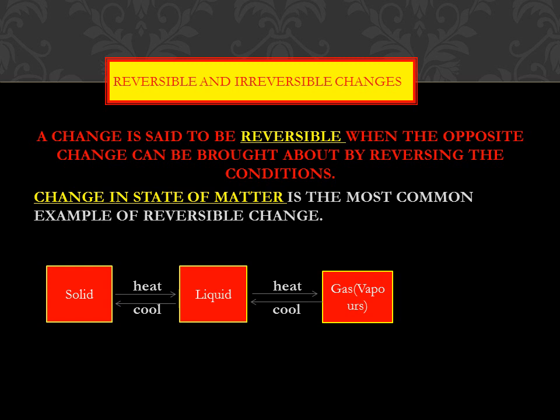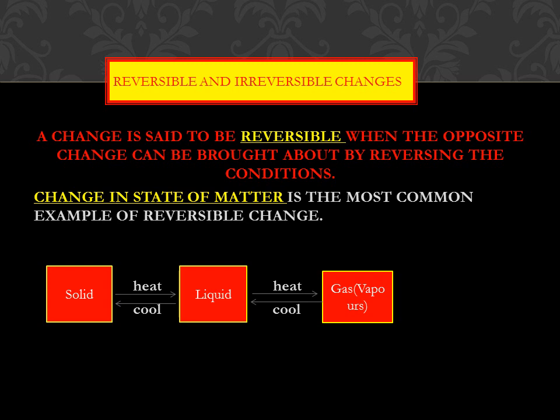How? We know that when we heat a solid, it gets converted into liquid. That is also called the melting of a solid. Again, when we cool this liquid, it is converted again into solid. That is called the freezing of the liquid. Again, this you have already studied.